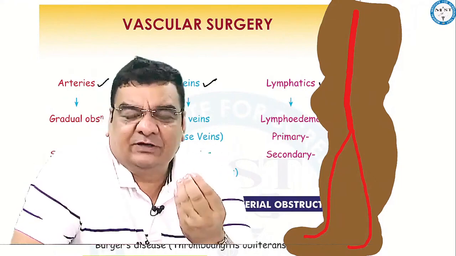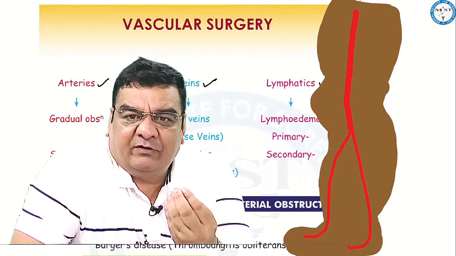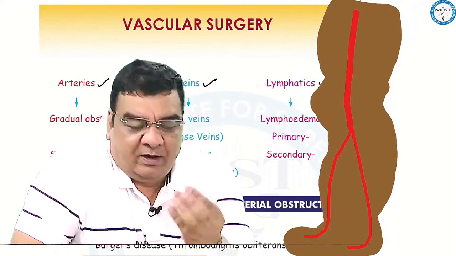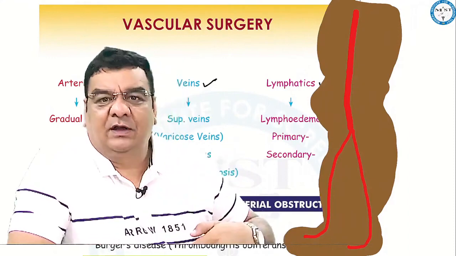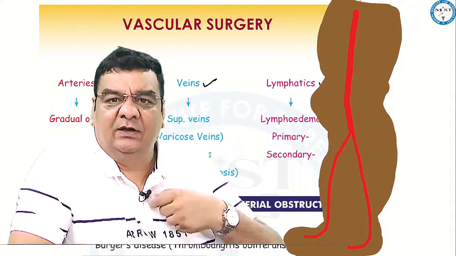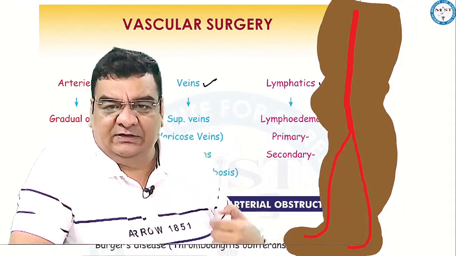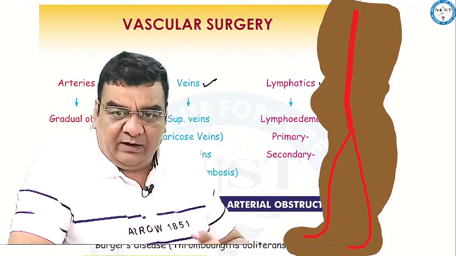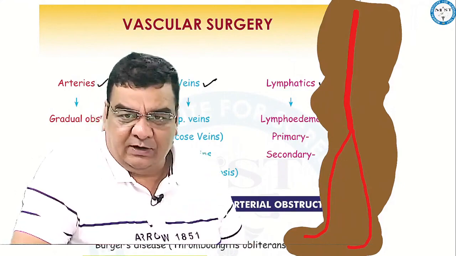There is something which is coming out from the left ventricle. What do we call that? Yes, aorta. This aorta comes out of the left ventricle, ascends upwards as the ascending aorta, arch of aorta, descending thoracic aorta. It pierces the diaphragm and comes into the abdomen as the abdominal aorta.